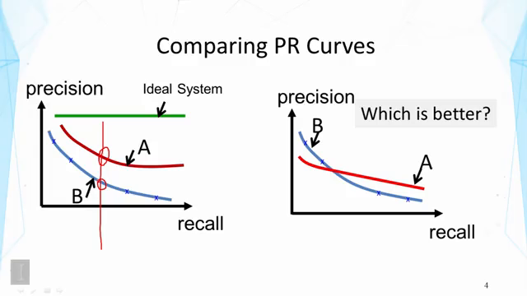Or more practically, do you have to replace the algorithm that you are already using in your search engine with another new algorithm? So should we use method A to replace method B? This is going to be a real decision that you have to make.